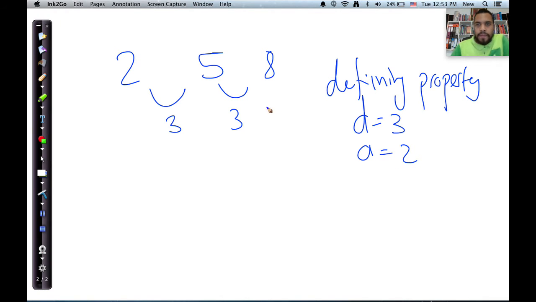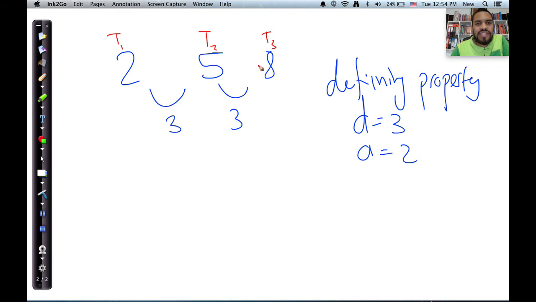Right. Now, let's look further. What do we see over here? And the defining property, how do we get that? How do we know in an arithmetic sequence that the defining property has a constant difference of 3? Well, let's take T2, and this is T1, and this of course will be T3.